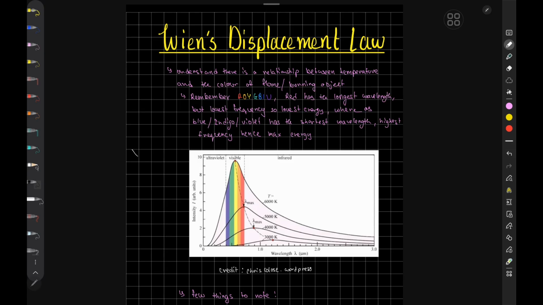That is, there's red, orange, yellow, green, blue, indigo, violet. And on an EM spectrum, all of these have a different wavelength, right? So let's say this is increase in wavelength. Red would be on this side, violet would be on this side.